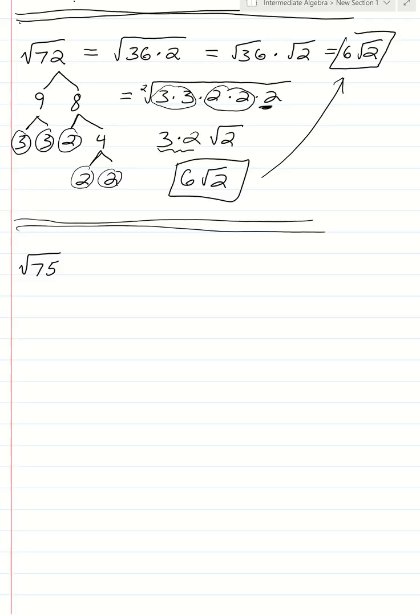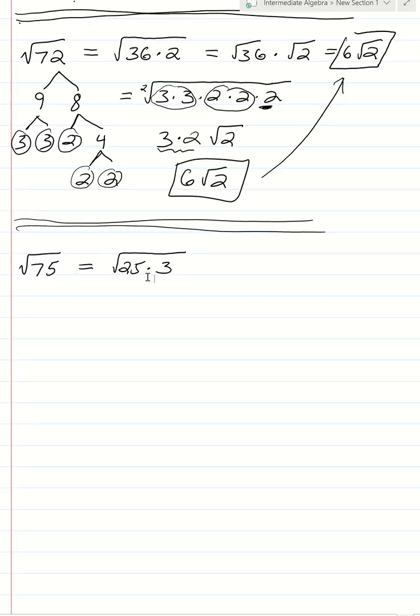Now that you're back, hopefully you were able to work through this, and let's see if you got the correct answer. Once again, I will use the first approach. I need to come up with two numbers, one of them being a perfect square, and the largest perfect square that goes into 75, I'm going to use the factors of 25 times 3.